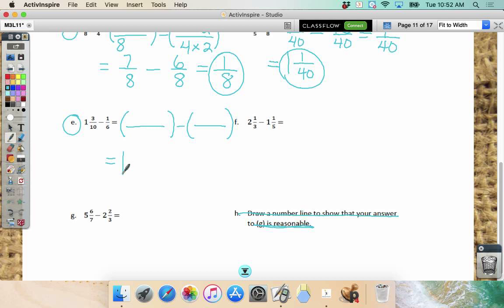Now, remember Mrs. Lowry's trick? I could do 6 times 10 and then divide it in half. Okay? So if that's the case, what would my denominator be? 30. Uh-oh. I got to move it down here, don't I? Did anybody notice? Yeah. This is 30.